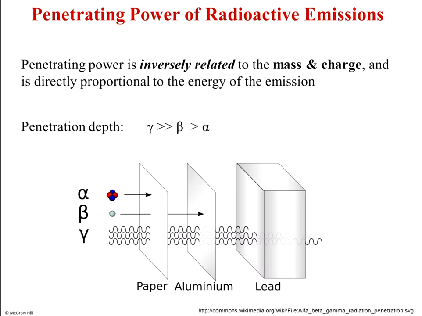Gamma particles pass right through aluminum, but they'll interact with lead or very large, massive, dense structures, and they'll be eventually stopped by those structures. So you can see that gamma particles are the most penetrating, beta particles next, and then alpha particles are the least penetrating.